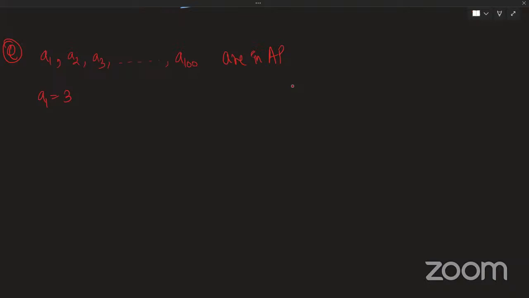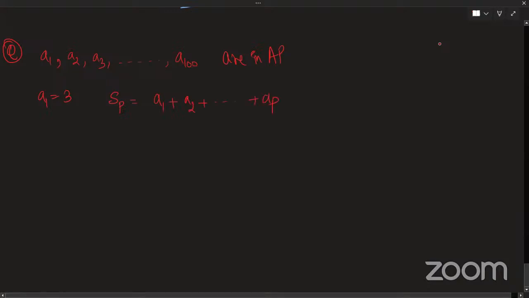Anyways. So A1 is 3 and SP means the sum from 1 to P. So basically A1, A2 till AP is SP.